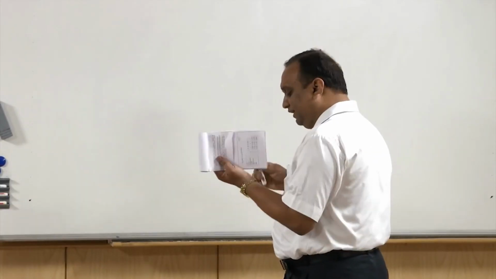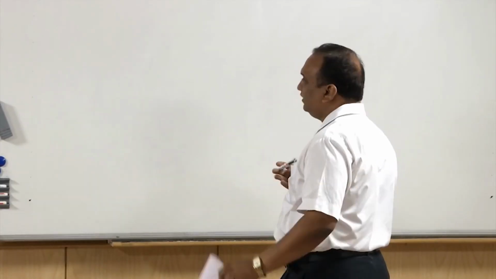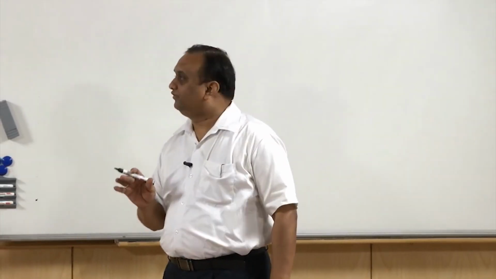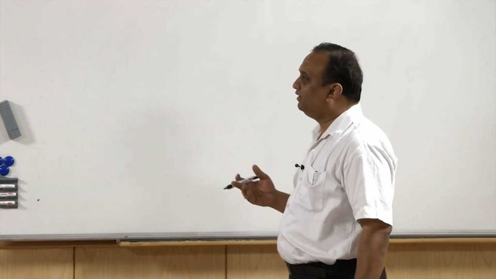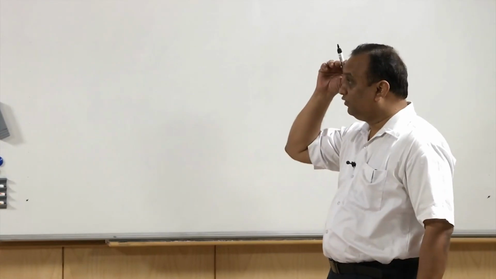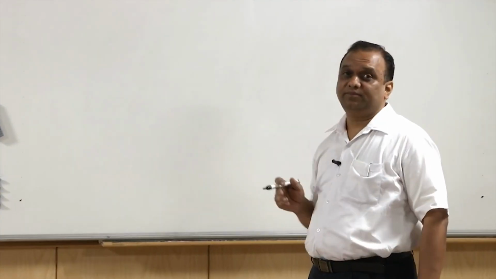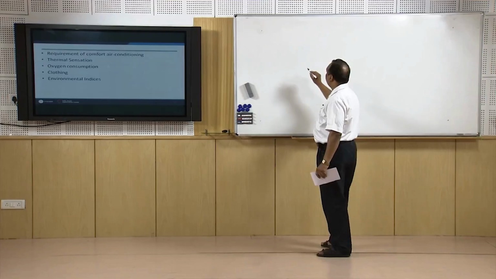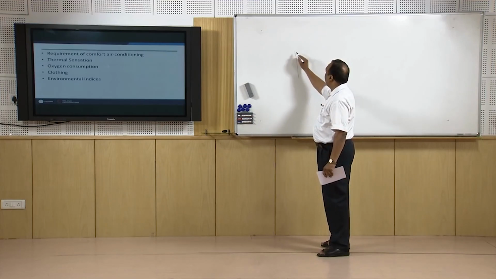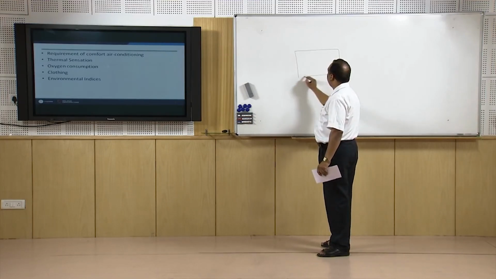Because second thing is, outside environment never keeps you in a state of thermal comfort. Either you have winter season or summer season, or sometimes temperature is low, humidity is very high in rainy season. So that is why if somebody wants to remain in thermal comfort, an artificially controlled environment has to be created.